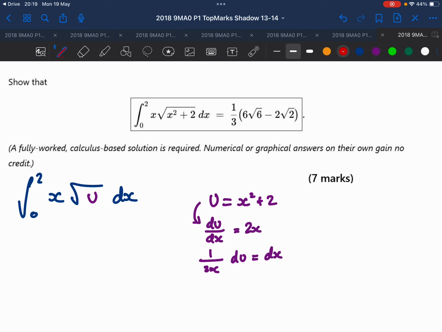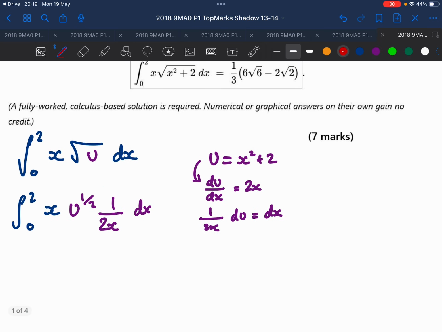And the idea is that we are going to replace that dx now with all of this stuff. So let's write that in and let's see what that does. So 2, 0, x. I think we can write this as a u to the half while we're there as well. So dx is now going to become 1 over 2x du.